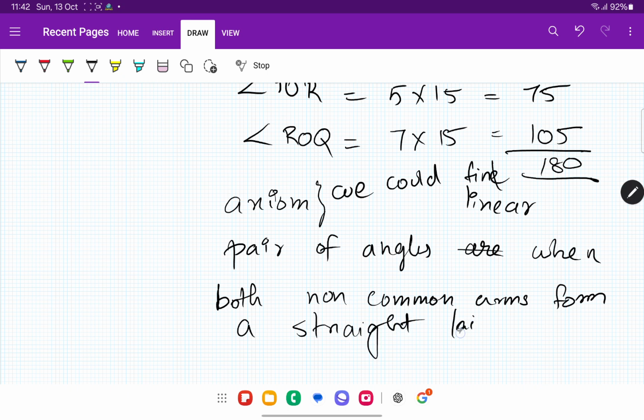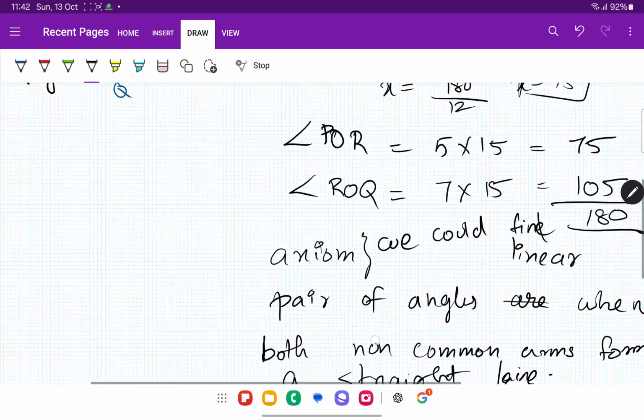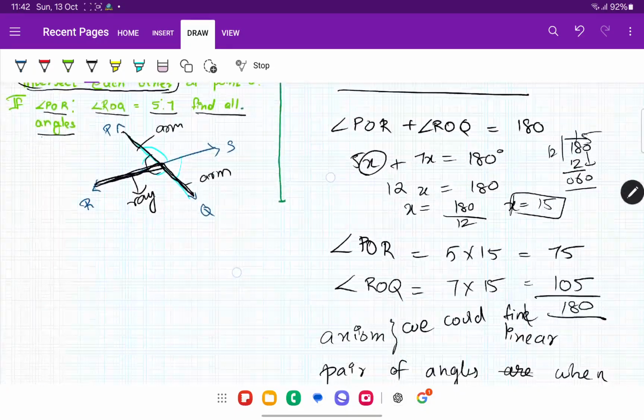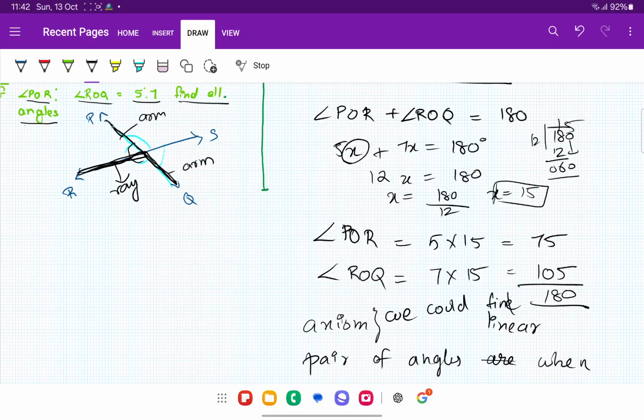Yes, this is an axiom. So they asked for all angles. We found these angles: angle POR equals 75 degrees, angle ROQ equals 105 degrees.